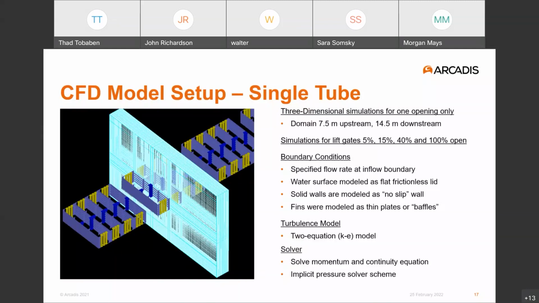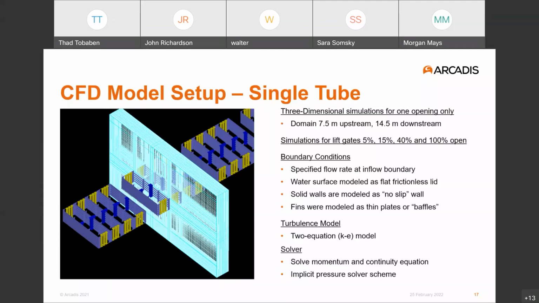And so you can see this light blue box that surrounds one of the openings, and that illustrates what the model domain looked like in the preliminary calculations that we carried out.